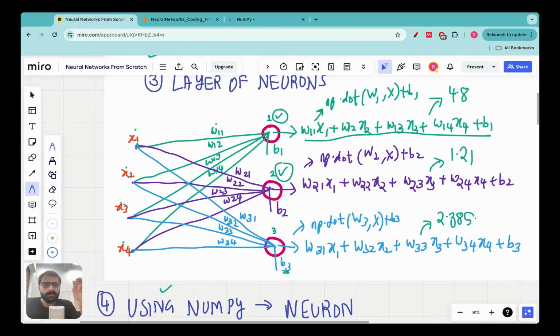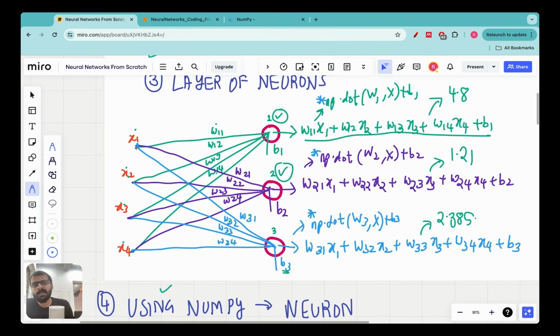So when we are looking at the output of the layer, we will have three outputs. We will have an output from the first neuron, an output from the second neuron, and an output from the third neuron. So the result will be a vector with three elements. The question is, how will you represent this in Python?